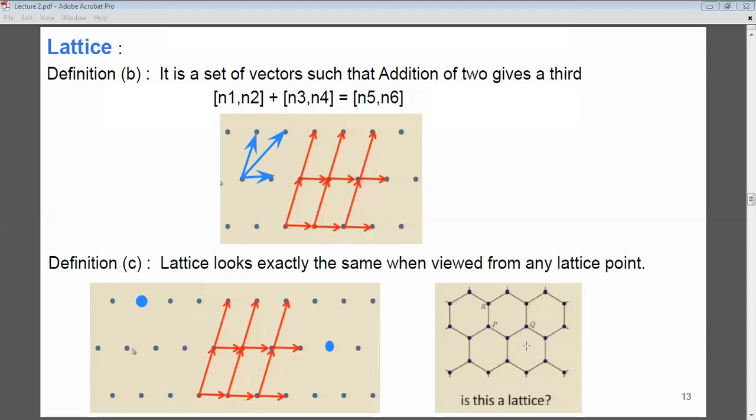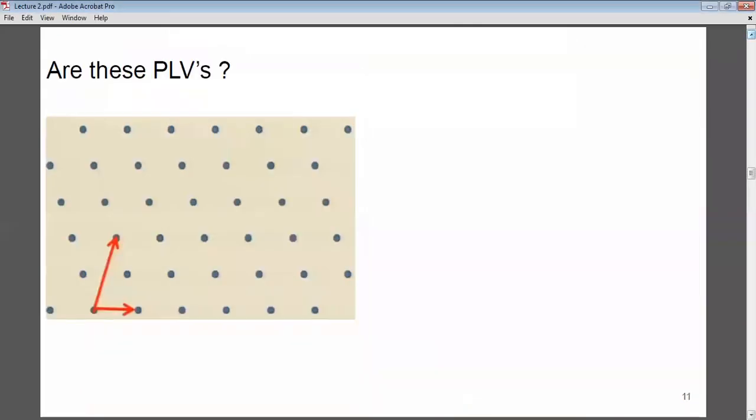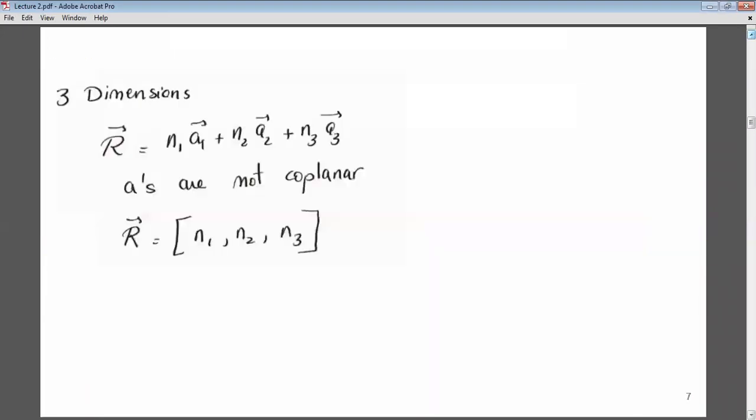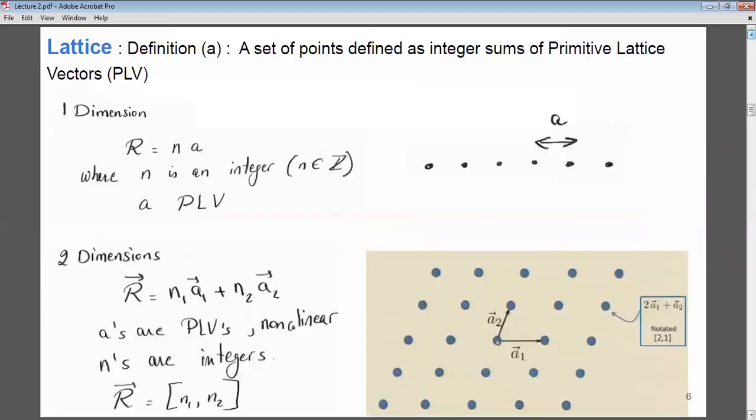So what is the first definition? Let's go back to the first definition. It's a set of points defined as integer sums of primitive lattice vectors. That is, if every point in the structure can be represented as an integer sum of primitive lattice vectors.